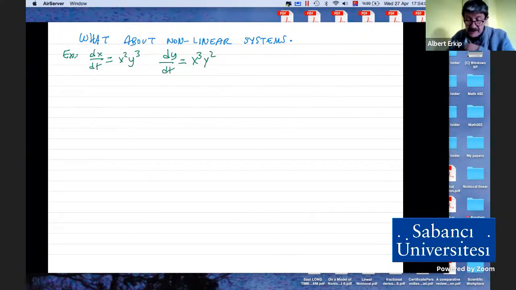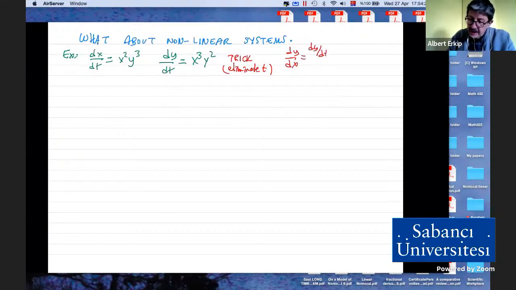Now, it's not easy to solve, but the trick was to eliminate t. So t doesn't really go anywhere, and write dy/dx is dy/dt divided by dx/dt. That's the chain rule. So this is x cubed y squared divided by x squared y cubed.